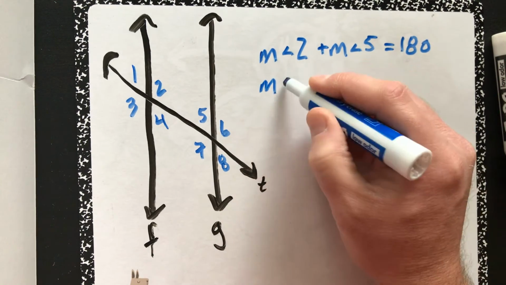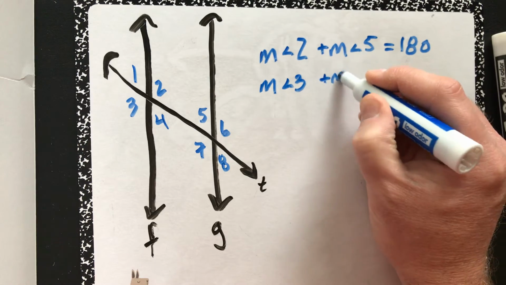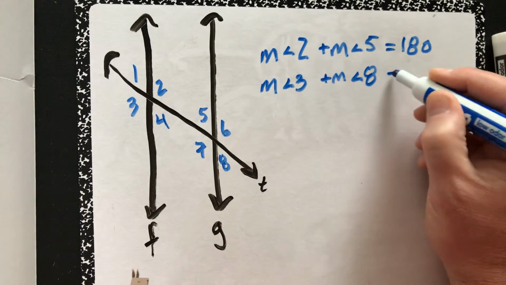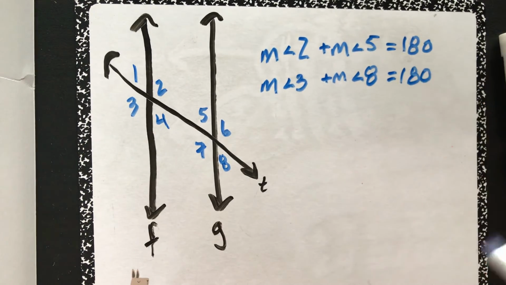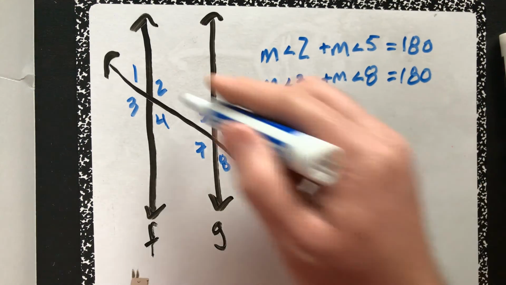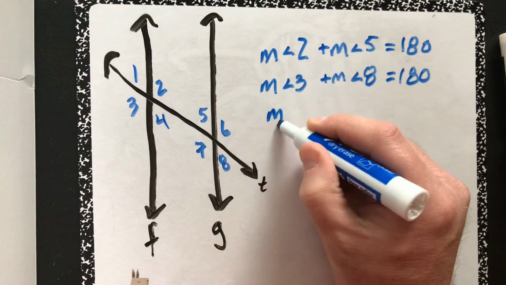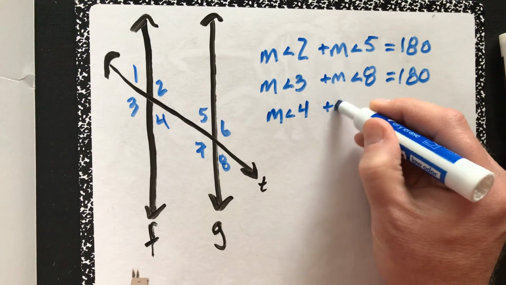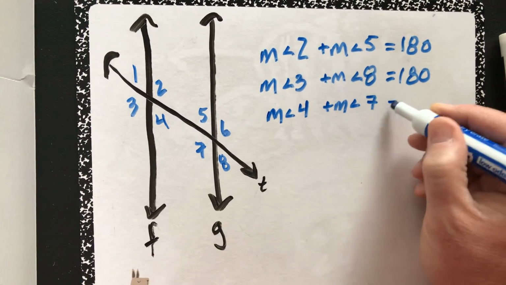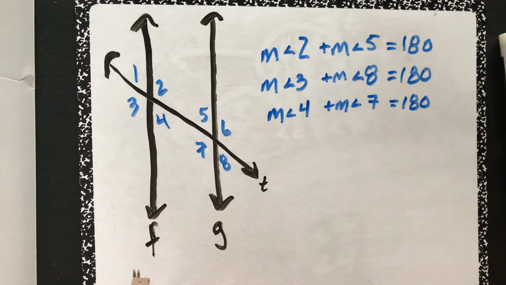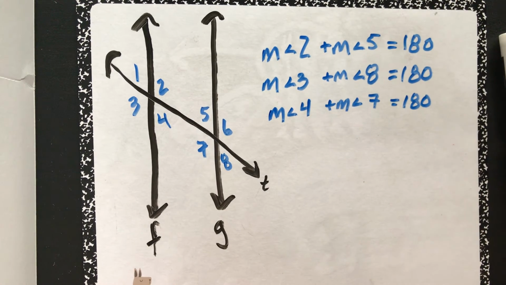The measure of angle 3 plus the measure of angle 8 will also equal 180 degrees. I mean, you could name other pairs too. Like I said, 2 and 5, 4 and 7. The measure of angle 4 plus the measure of angle 7 will equal 180 degrees. All right, so there's a few in there.